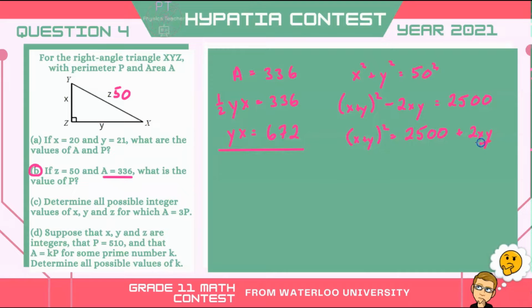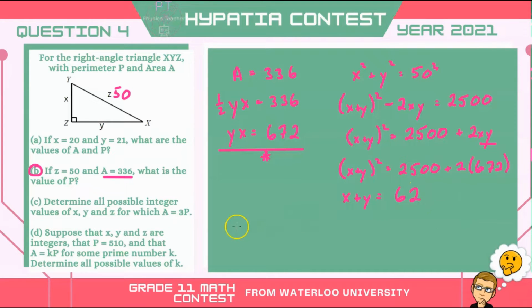Now I know what xy is. I solved for that over here. It's 672. So x plus y squared is 2,500 plus 2 times 672. Now if we add those and take the square root of both sides, we'll get x plus y equal to 62.